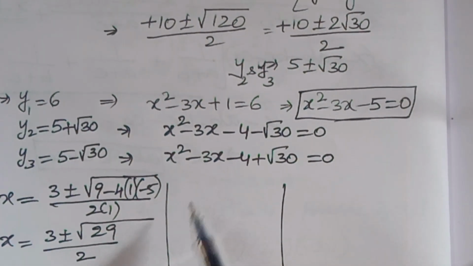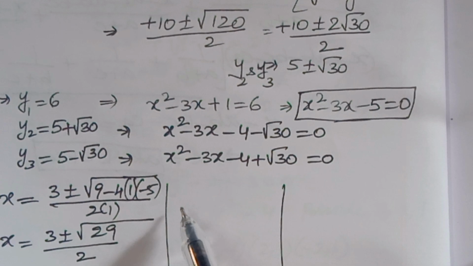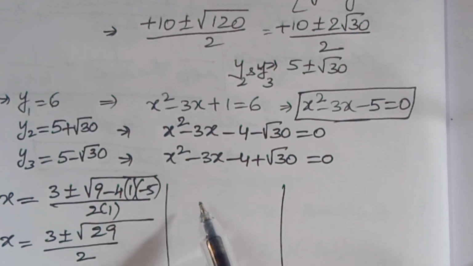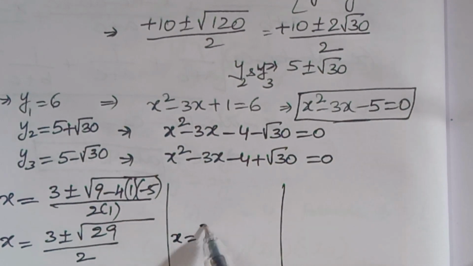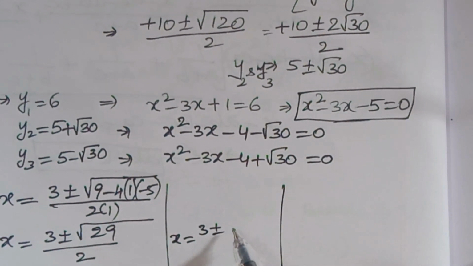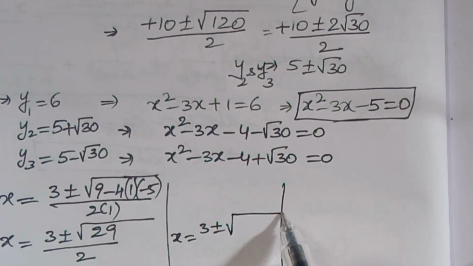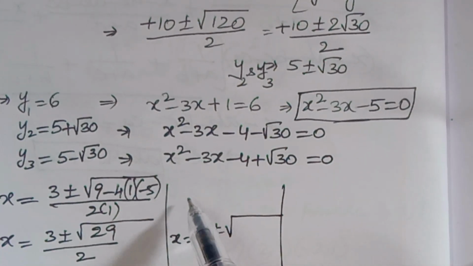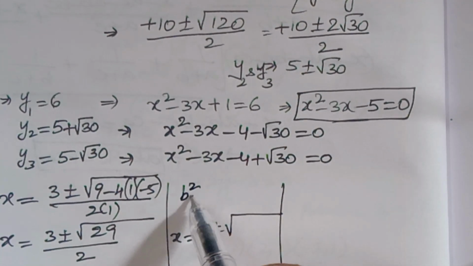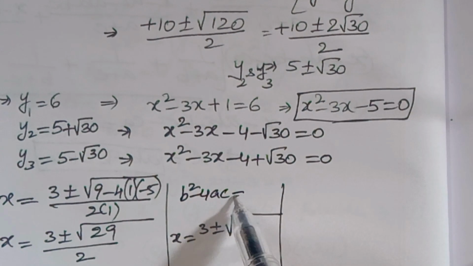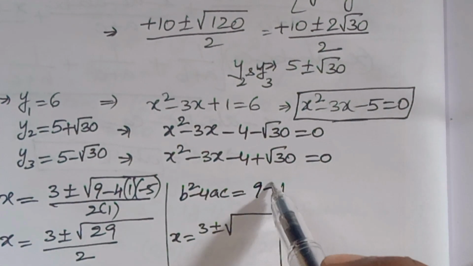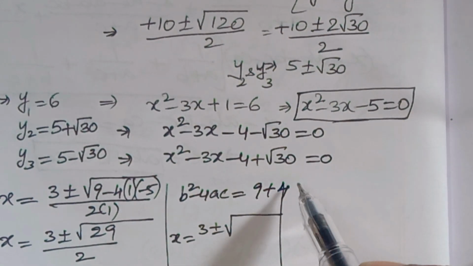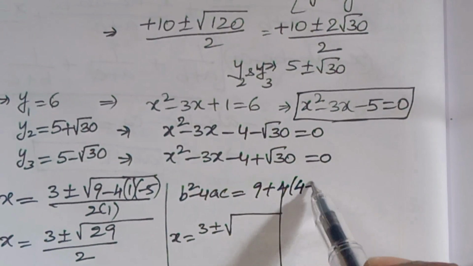If you take the second one, first we will find b² − 4ac, which will be 9 + 4(4 + root 30).